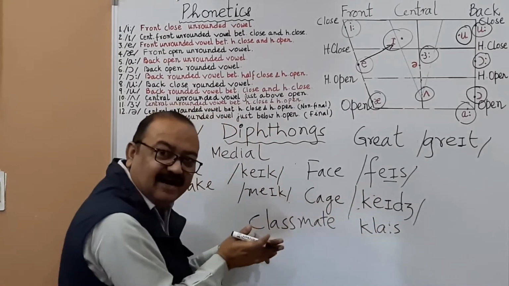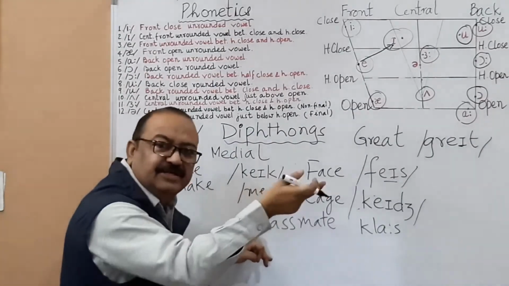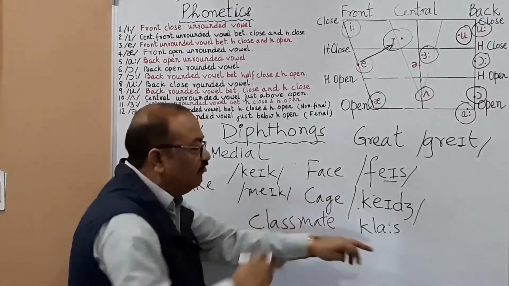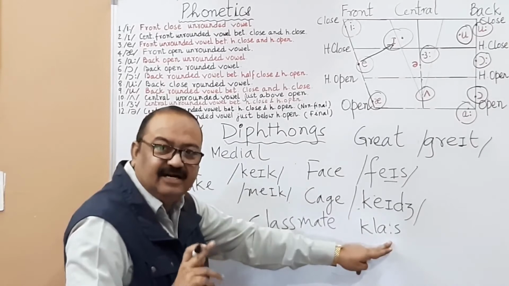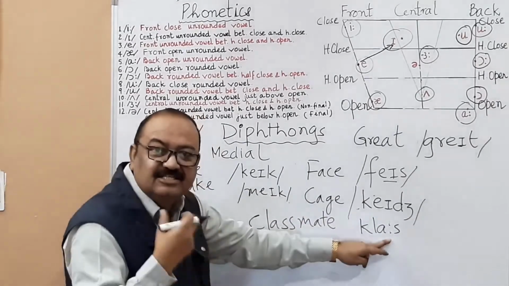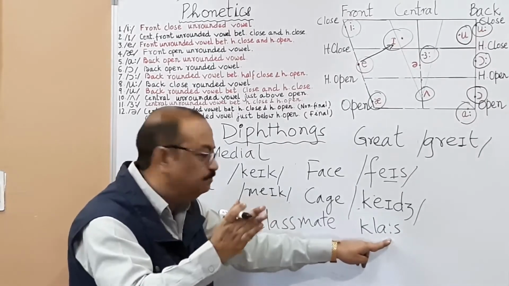Class, class. Although you are prolonging it, you can even prolong it more than you prolong a diphthong sound, yet a vowel sound would remain a vowel sound. It wouldn't be called a diphthong. Why? Because the voice is not changing, the sound is not changing. There is no transformation.